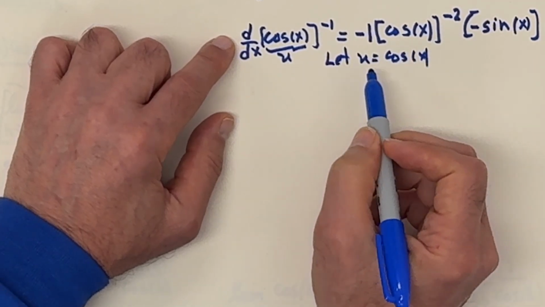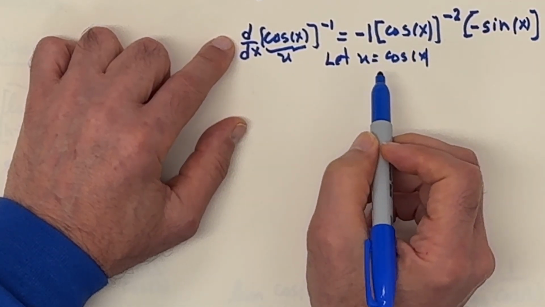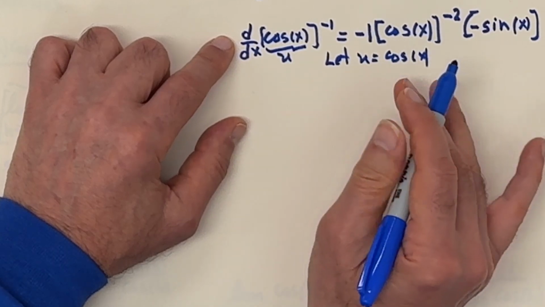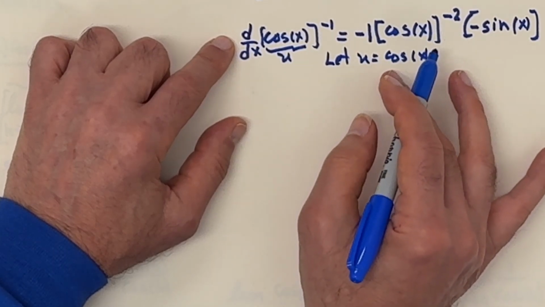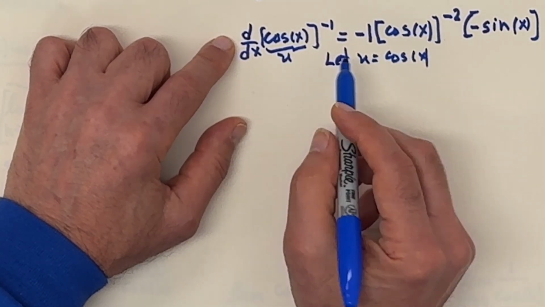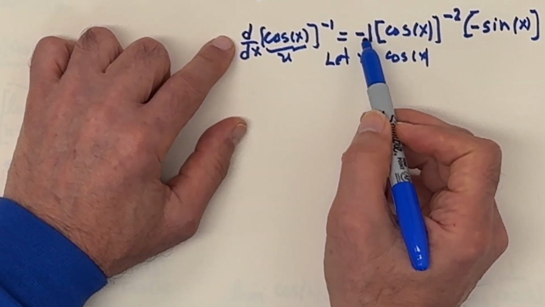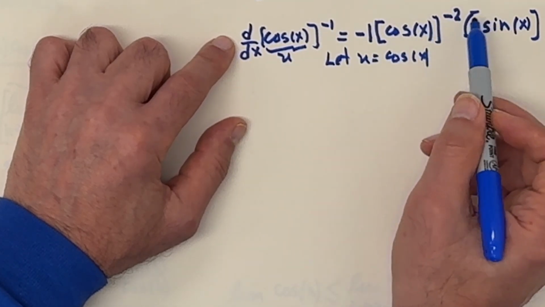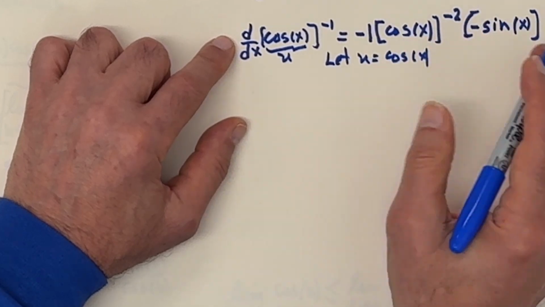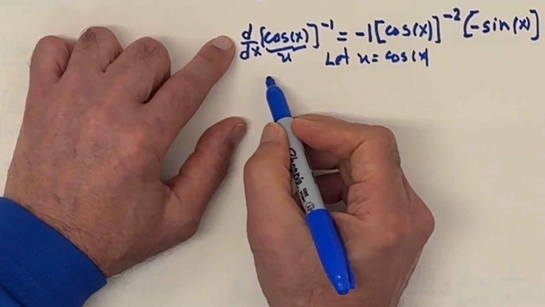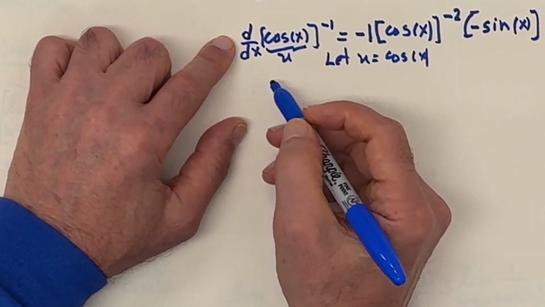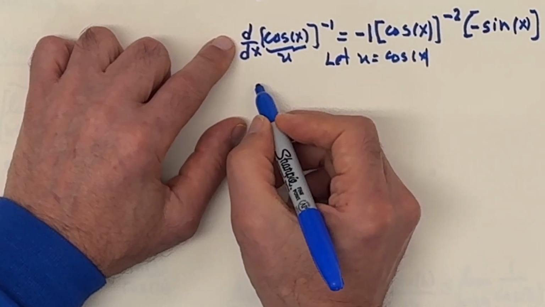Now, I don't think we, in practice, need to do this. Maybe at the beginning, I prefer just to do what I just did here. You bring the minus 1 down, you have then cosine of x to the minus 2, and then you take the derivative of what's inside. We're done. But let me show you that this is, when I first studied calculus, I would see this a lot.